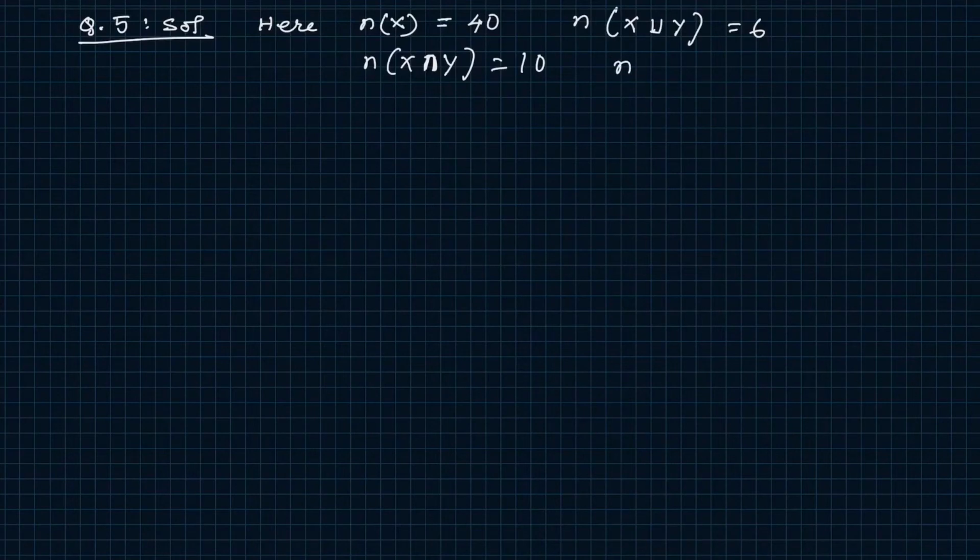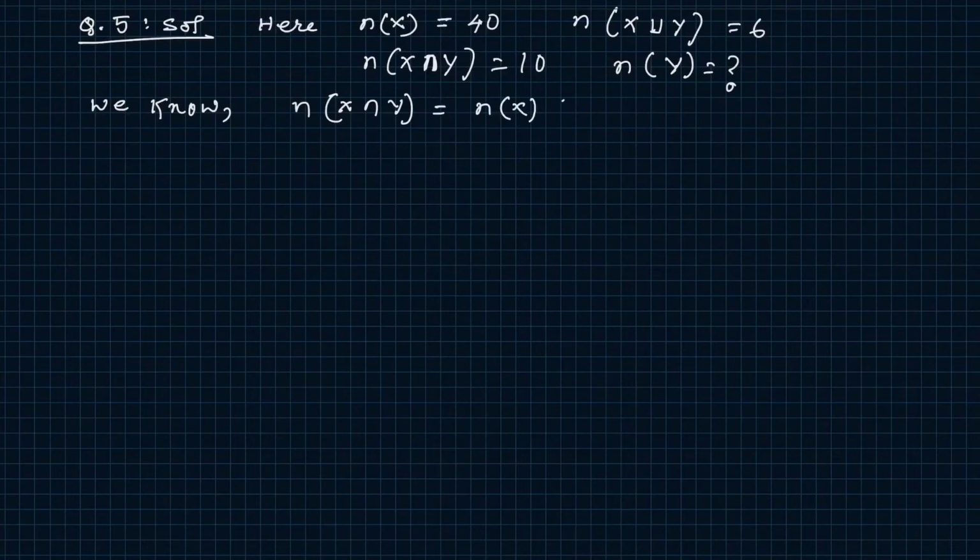Now we need to find the number of elements in set Y. The same formula we are going to use here. We know that the number of elements in X intersection Y is equal to the number of elements in X plus the number of elements in Y minus the number of elements in X union Y.